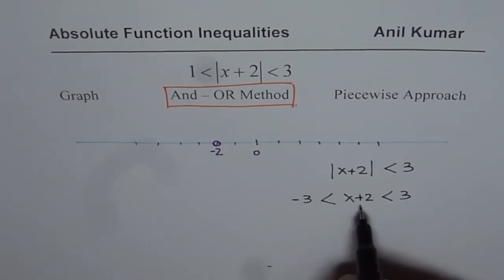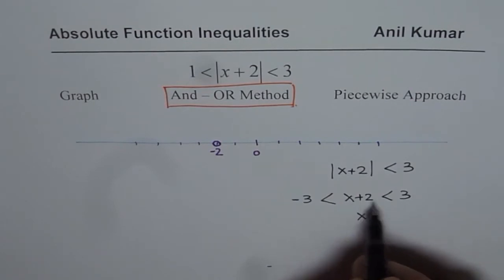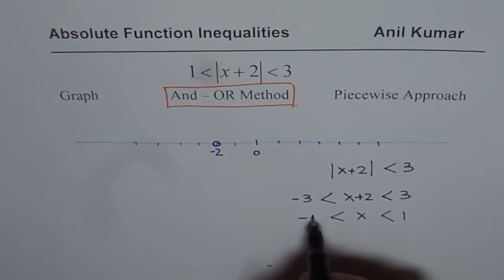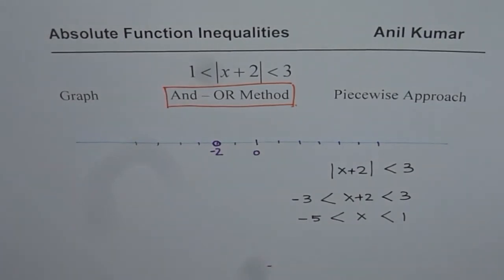Now we can solve it very easily by saying x is, take away 2 from all the sides, so we get 1 here, minus 5. Correct? So the right side of this inequality can be seen as x between minus 5 to 1, right?